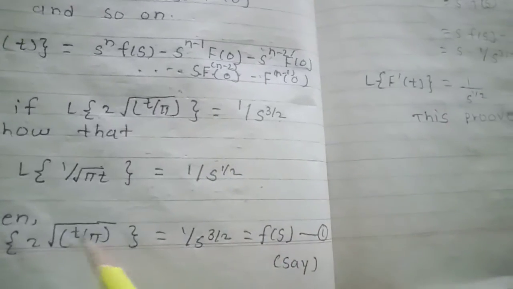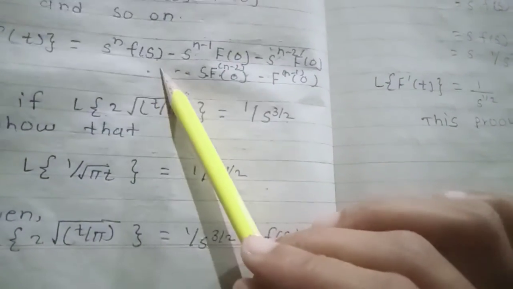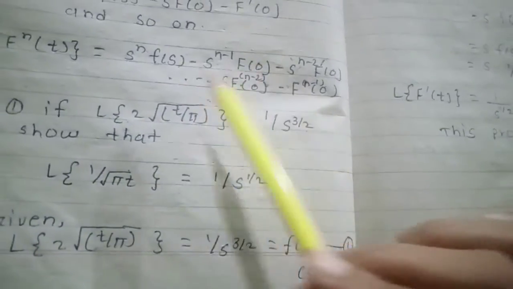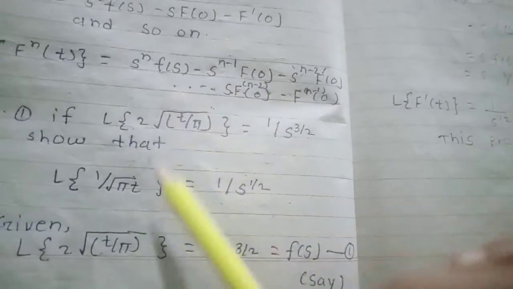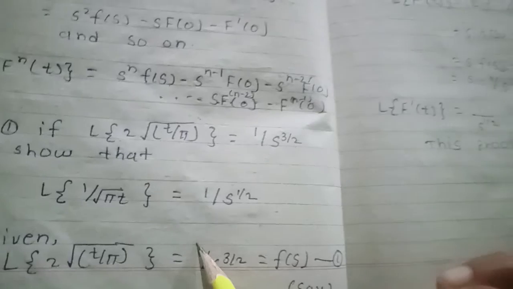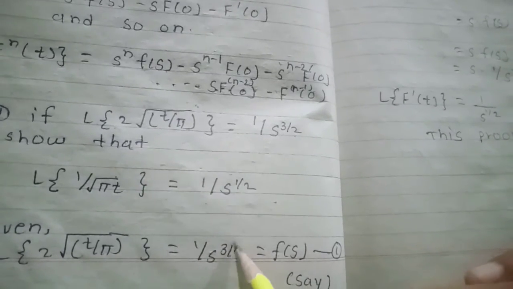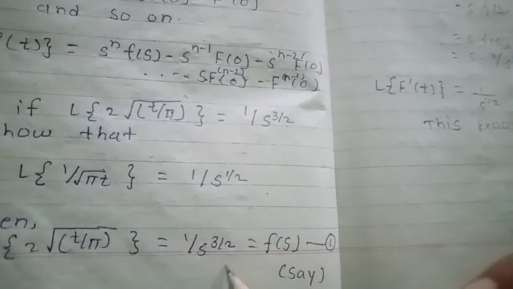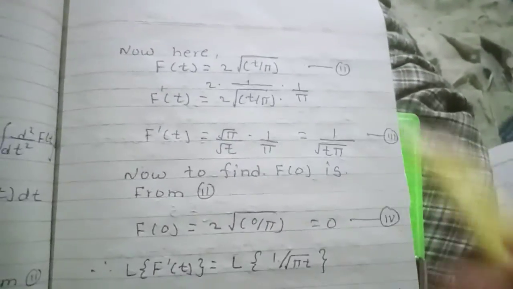First we have to find F of s. Here is the formula, so we first find F of s. The Laplace transform of this is equal to 1 upon s raised to 3 by 2, this is F of s.